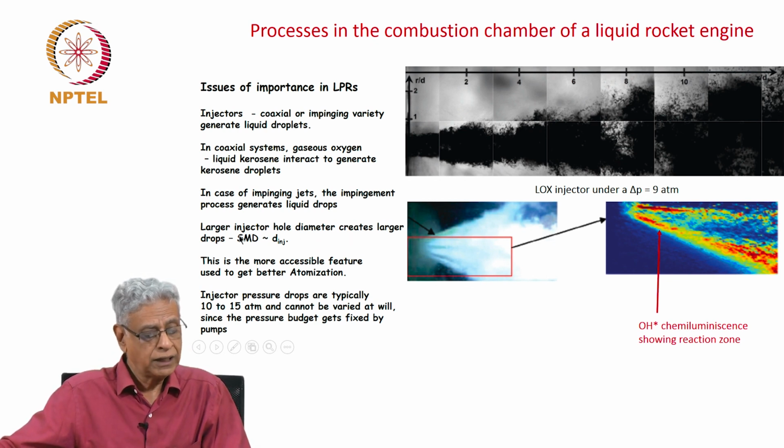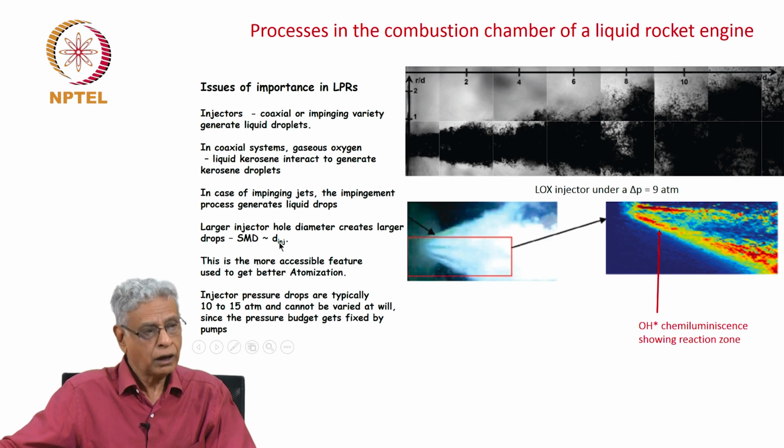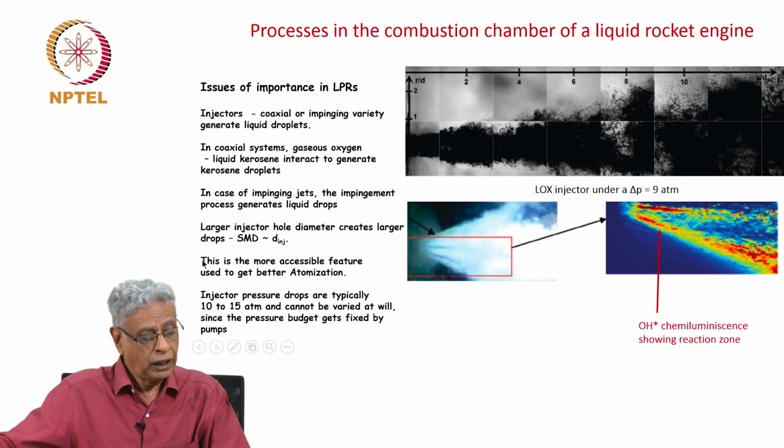This is the Sauter mean diameter, a volume to surface ratio based diameter. It's dependent on the injector hole diameter. This is a more accessible feature used to get better atomization.